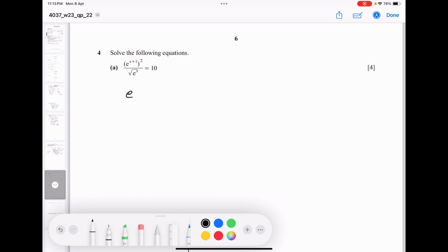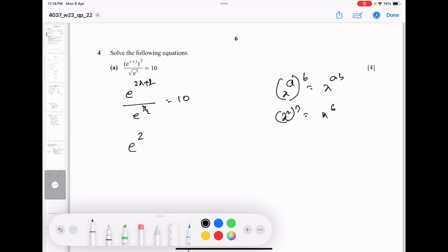e to the power, then to multiply the powers, 2x plus 1. We can write x to the power a, then whole to the power b, we will multiply a times b, like x squared whole cubed is x to the power 6. Same as that, I multiplied 2 times (x plus 1). Then e to the power, root means half, so x by 2 equals 10. Since the base is the same, we can subtract the powers.